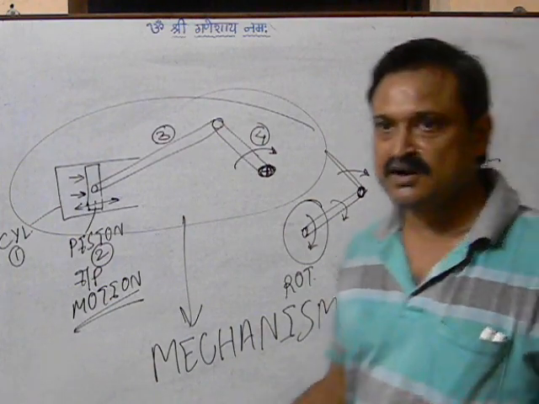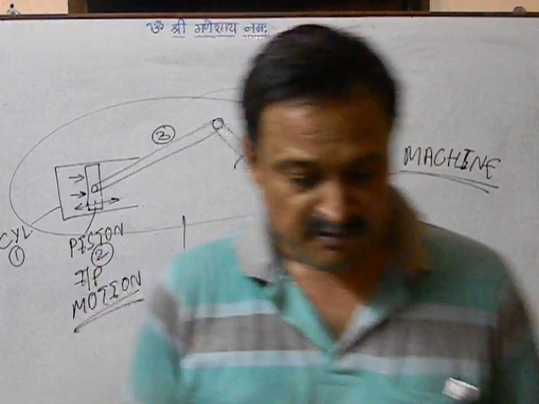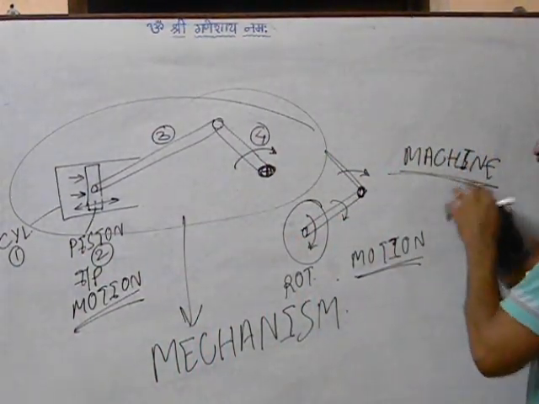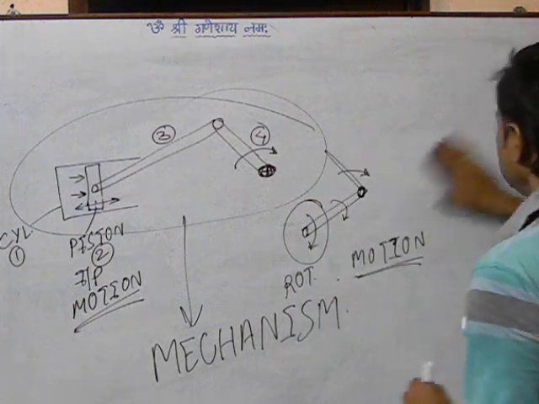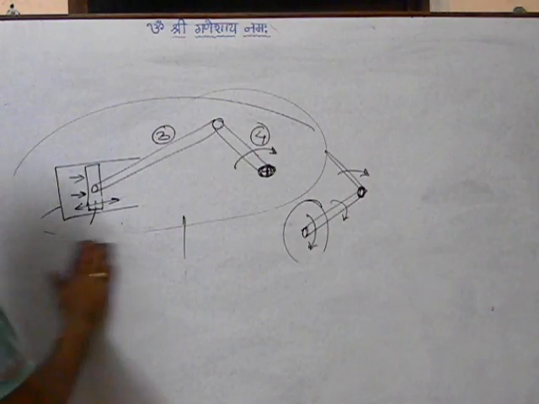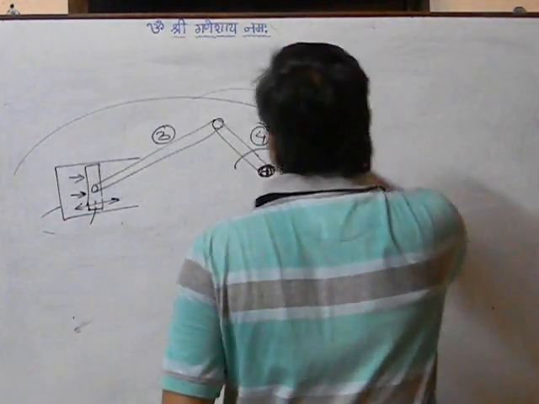So I hope you have an idea what exactly we are talking about, a mechanism and a machine. Now we are in a position to define what is a machine and what is a mechanism.